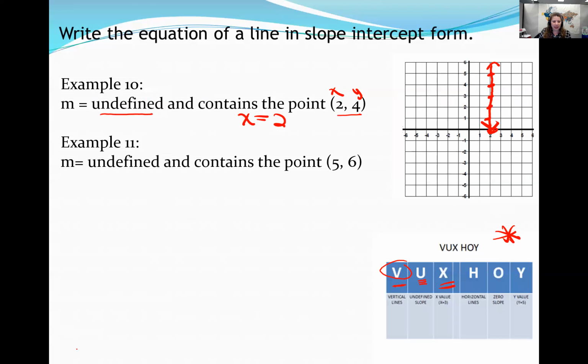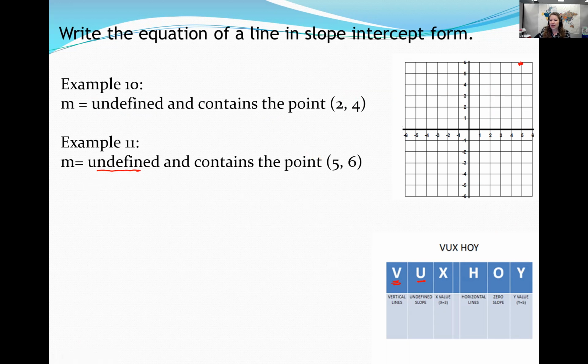All right, example 11, let me get rid of this stuff. Once again, I have a line that has an undefined slope. I come to VUX HOI and I go, okay, I know I'm talking about a vertical line because vertical lines have undefined slopes, and it contains the point (5, 6). I could graph (5, 6): go right 5, up 6.